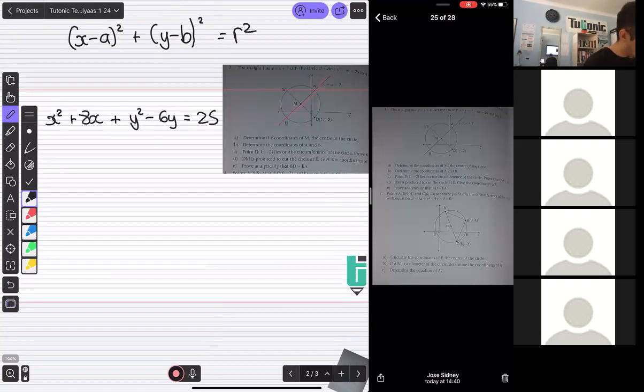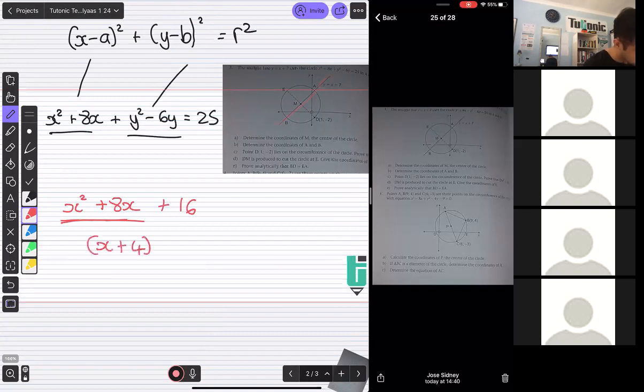Now, you have to try and convert this into a perfect square. So if you've got x squared plus 8x, the way this is going to be a perfect square is if you add a 16, because that will become x plus 4 squared.